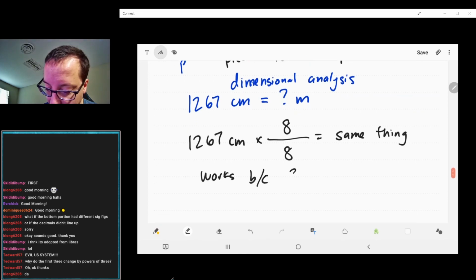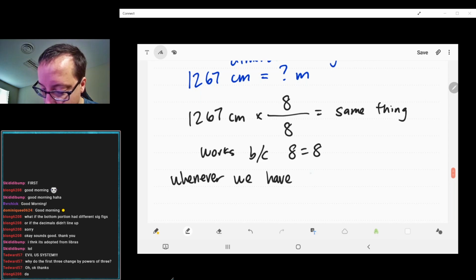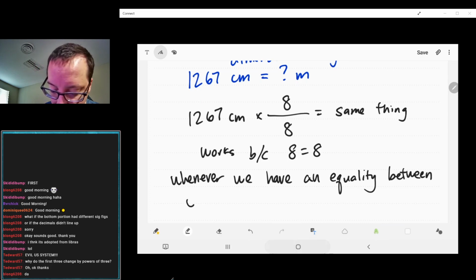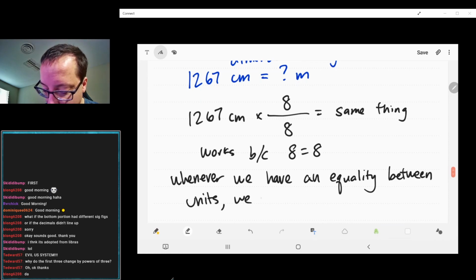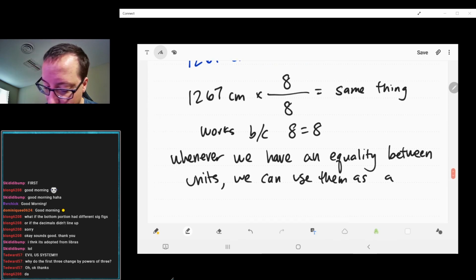This works because 8 is equal to 8. This is nothing amazing, right? Because 8 is the same thing as itself, we're multiplying by 1. When we multiply by 1, nothing changes, right? So we're going to see that whenever we have an equality between units, we can use them as a conversion factor.